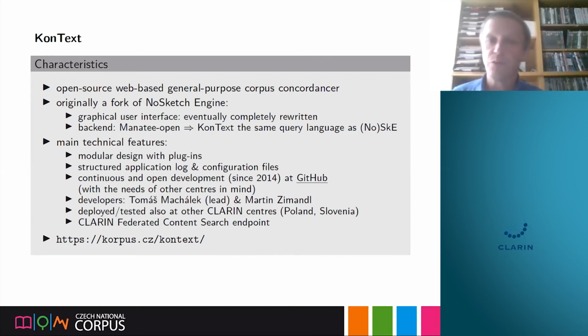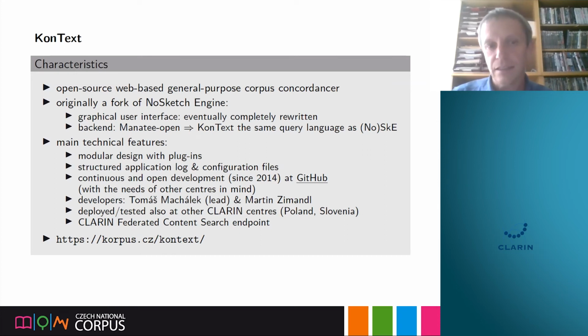So whatever we do, of course, first we think about new functionality that we would need, or we would try to make use of. But generally, the design is modular with lots of plugins, and functionality that we think is somehow specific to the Czech National Corpus is designed as a plugin, so it's not necessary to use it really.